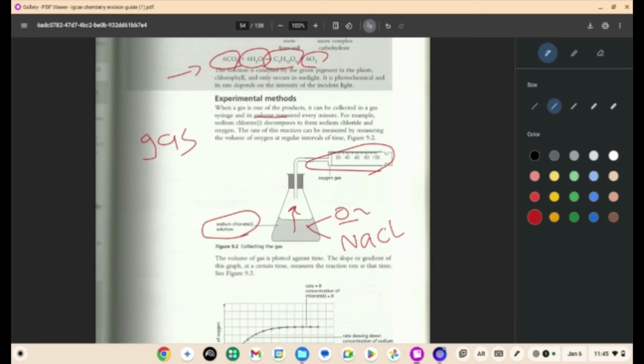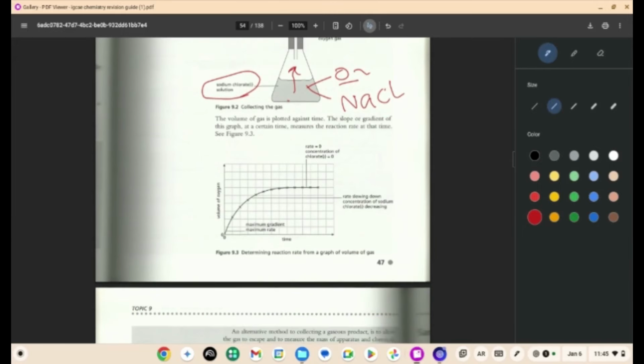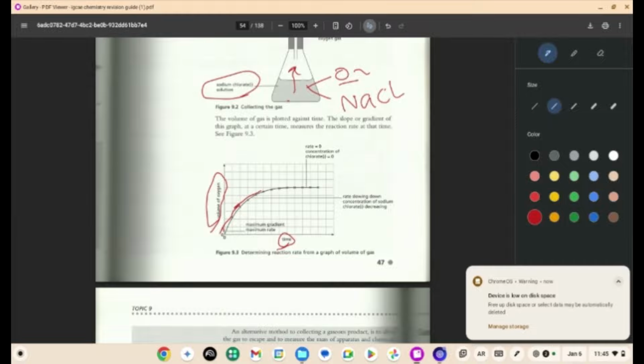What will we do? We will collect this gas and measure it. As the volume of the gas increases, this means the chemical reaction is happening and the speed of the chemical reaction is higher. So we can then plot a graph. We put the volume of the oxygen against time. We will see that at first the chemical reaction speed will be very high because we have many reactants, and then the speed will slowly decrease until we reach a point.